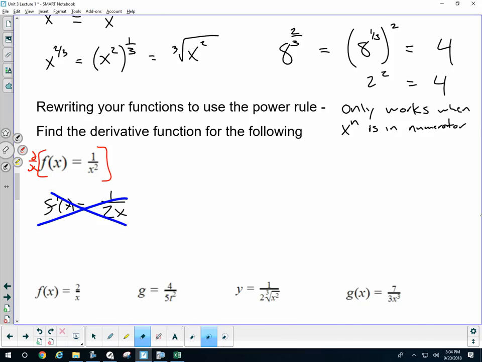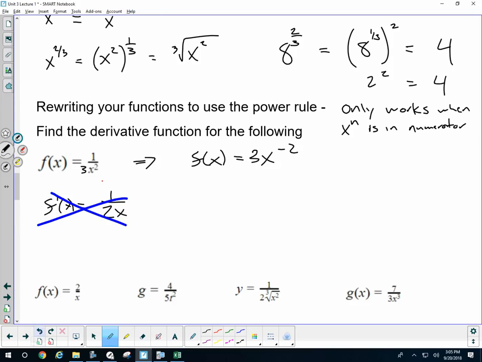So actually what I would do is before I took the derivative, I would simplify this. And I would rewrite this as f of x is equal to x to the negative second. Now it's important, if I add a 3 in front of that x squared, it does not turn into 3x to the negative second. That's wrong.